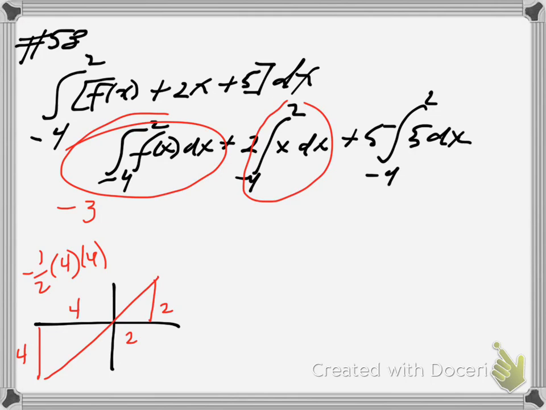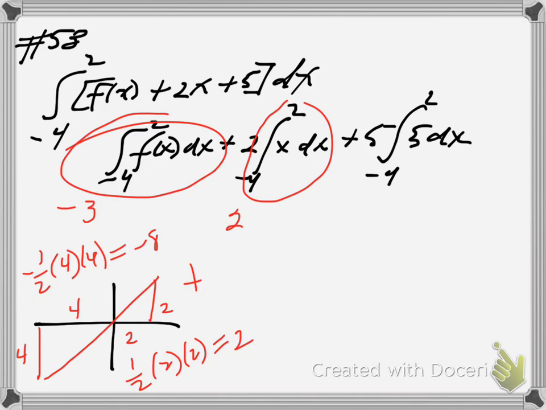So that area there is going to be -8, and then the area of that other little triangle is 2 times 2, 1/2 of that. So that's just going to be 2. And if I add those two guys together, that equals -6.